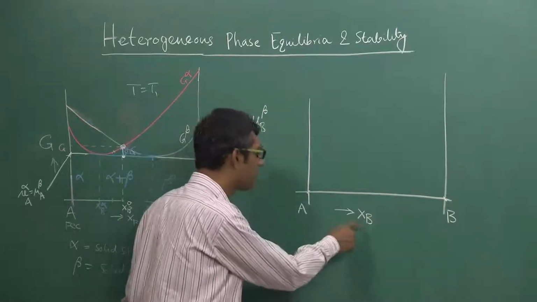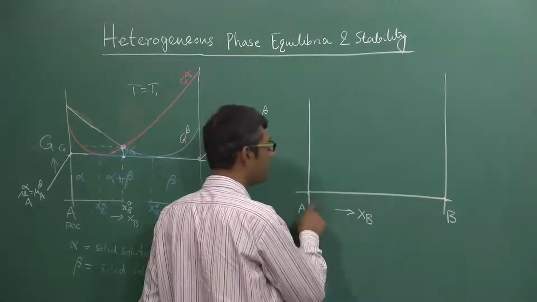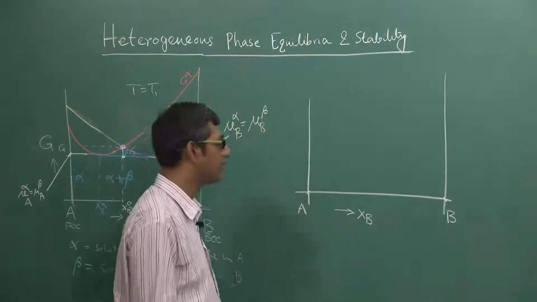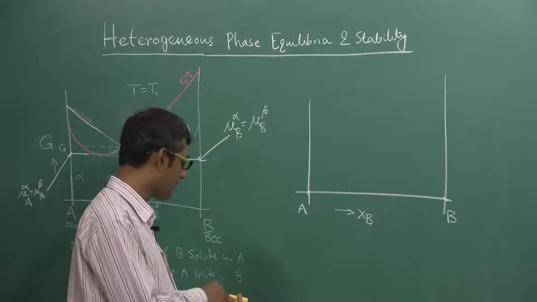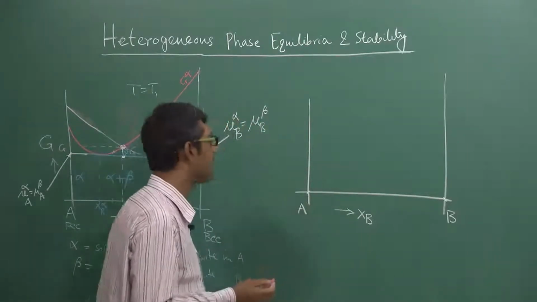So if I write in fractions, B is 0 here, B is 1 here, A is 1 here, and A is 0 there. The simplest possible phase diagram will be an isomorphous system.